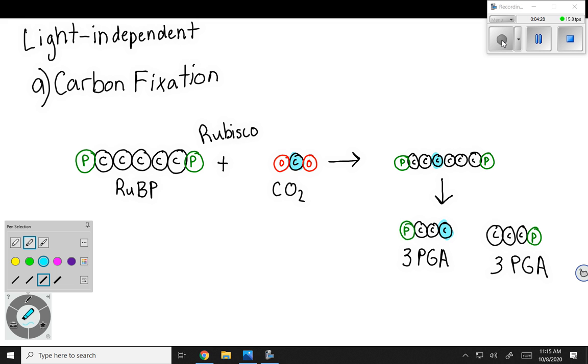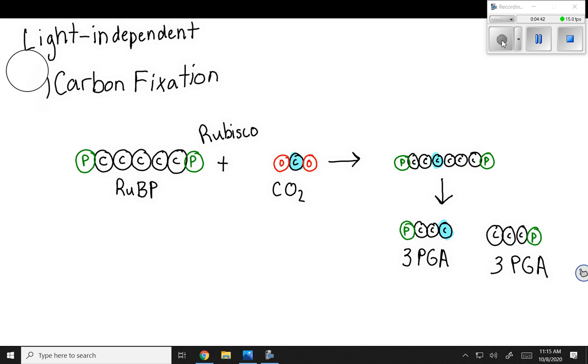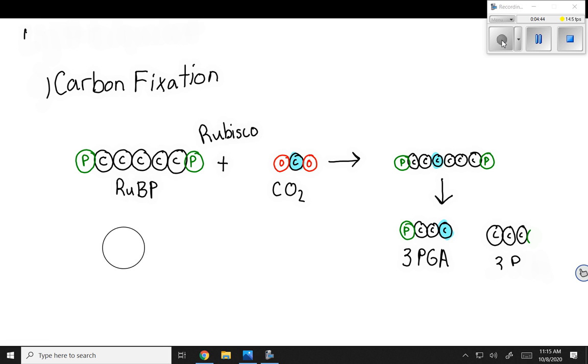So the important thing that happened in this stage was RuBP combining with carbon dioxide to form 2 molecules of PGA. And the carbon fixation part was us combining carbon with RuBP.